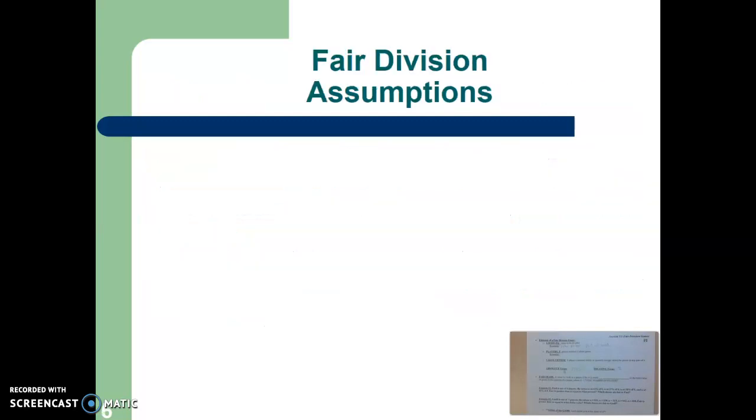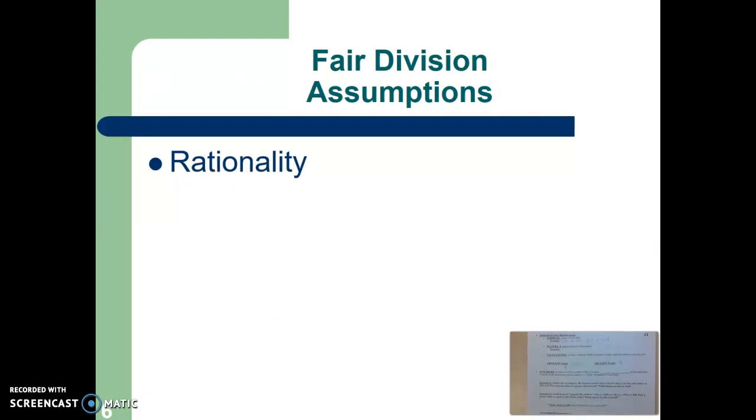All right. So there are some fair division assumptions that we're making. And mainly these are the assumptions about the players. Okay. So the first one is rationality. You're going to assume that each player is a thinking, rational person who is seeking to maximize. We're assuming that everyone is trying to maximize the value of whatever they're getting.